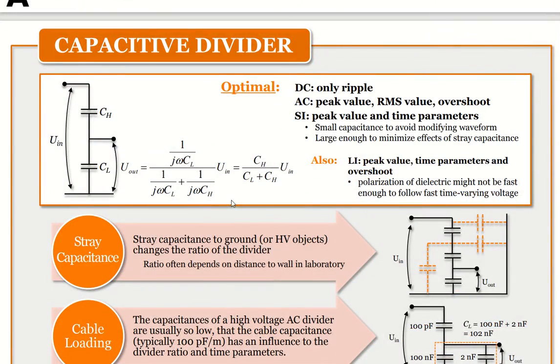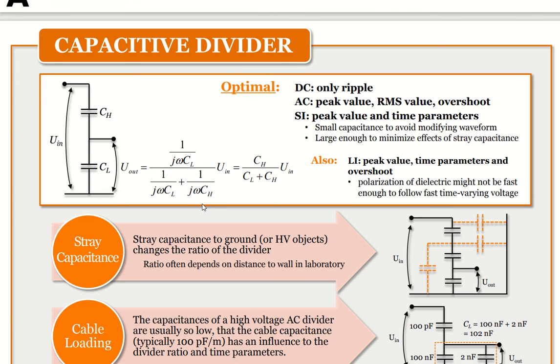Okay, so this is the capacitive divider. So this is quite different compared to the calculation to get the Vout from the resistive. So this is the equation: 1 over j omega CL, over 1 over j omega CL plus 1 over j omega CH.